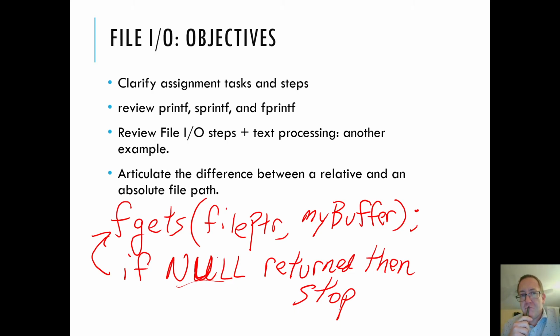I wanted to clarify what we're going to be doing in one of the assignments. We're going to open up a file and read in a line of text from the file. We're then going to take that text and process it in some way, pulling off the various parts of that string of text. You could have also used scanf if you want to.